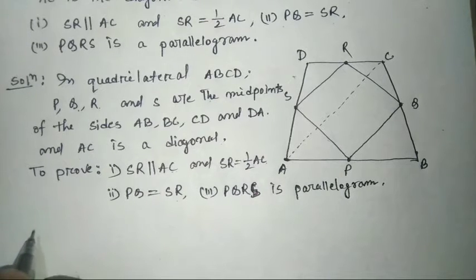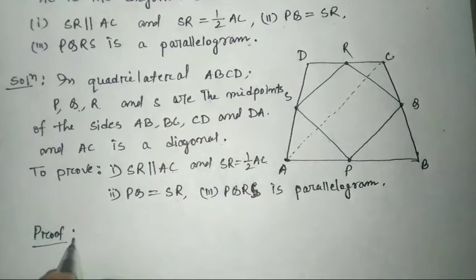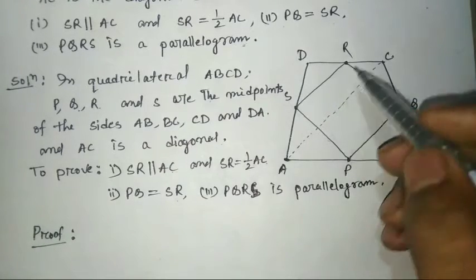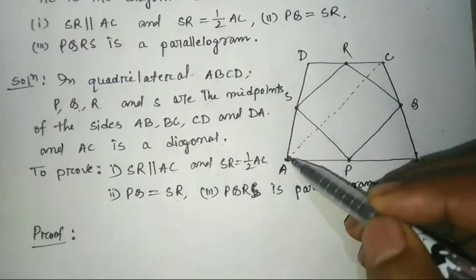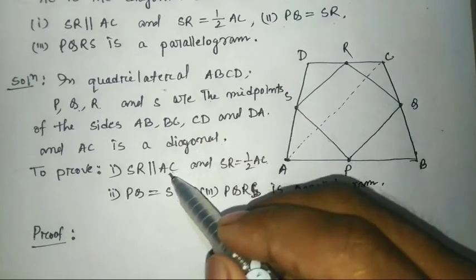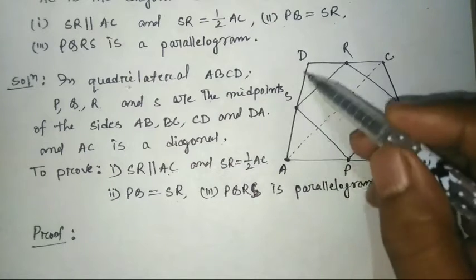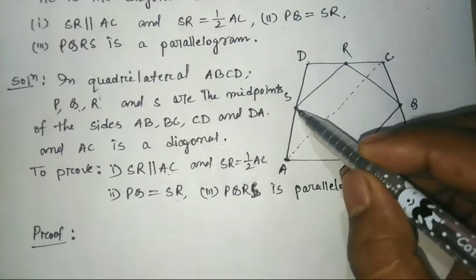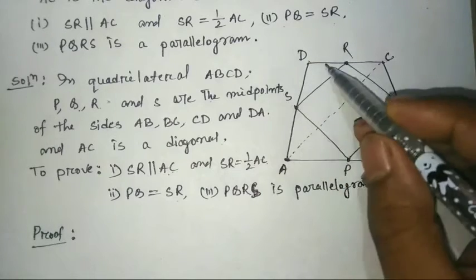So in the proof section, here see, if we consider this triangle ADC, since we need to prove SR is parallel to AC, no? So we have to consider this triangle. In triangle ADC, S and R are the midpoints of the sides AD and DC.